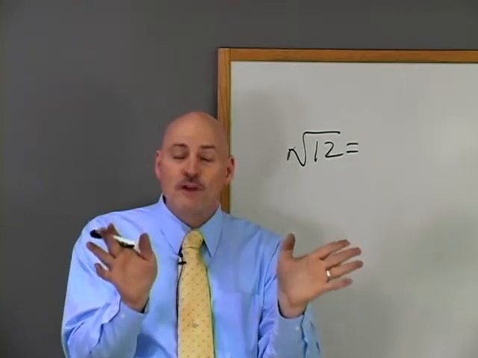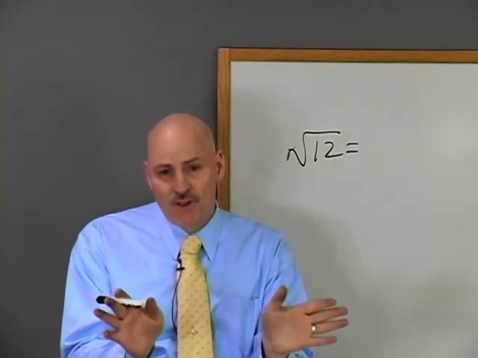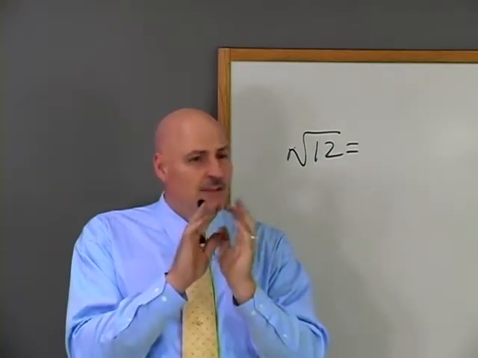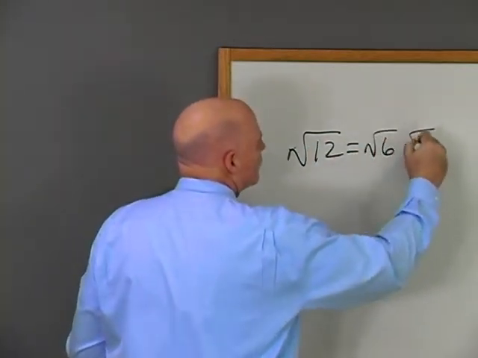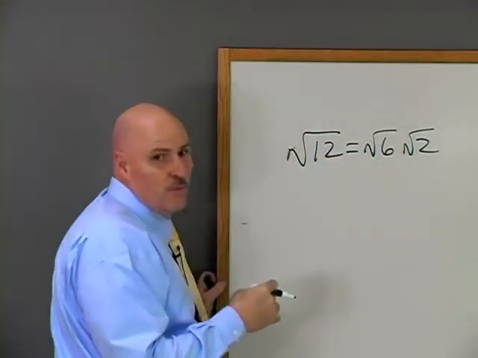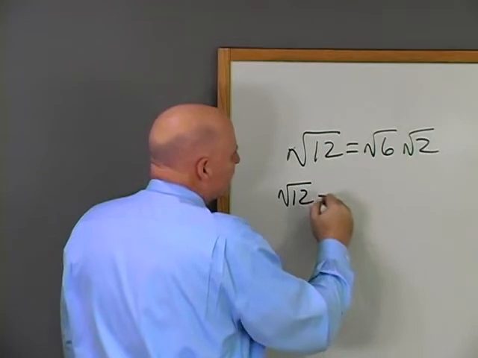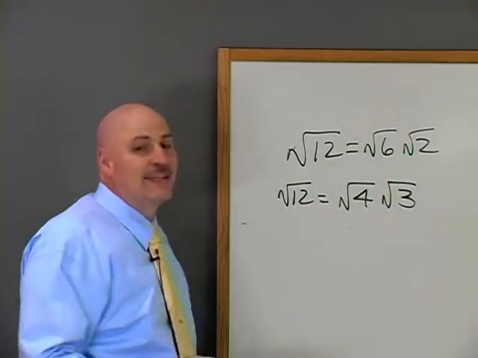But the only way you change from being a radical to a number is by being a perfect square. The only way. For example, I could make this the square root of 6 times the square root of 2, couldn't I? So what? They're both radicals. I haven't simplified anything. But I could also do this. Why did I do that?